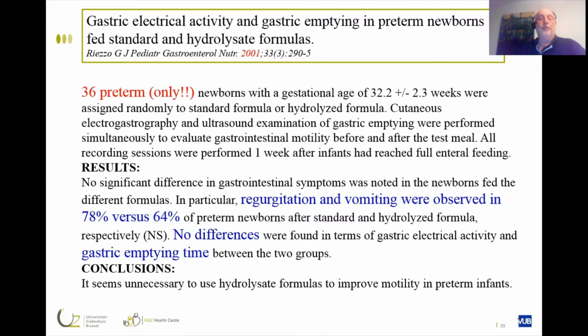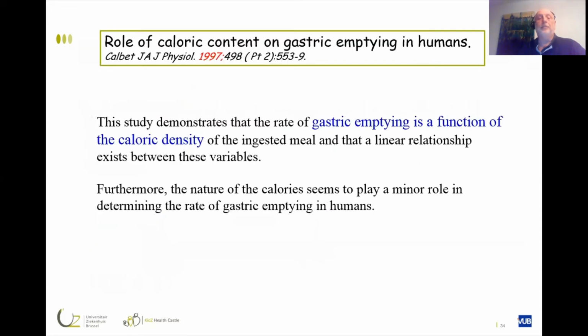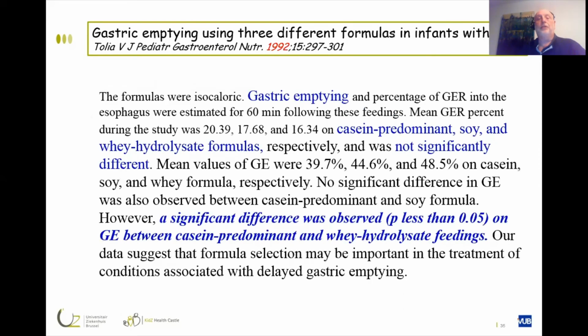And no difference was found in gastric emptying time. And gastric emptying occurs as a function of caloric density. So the role of caloric density on gastric emptying might be of major importance.